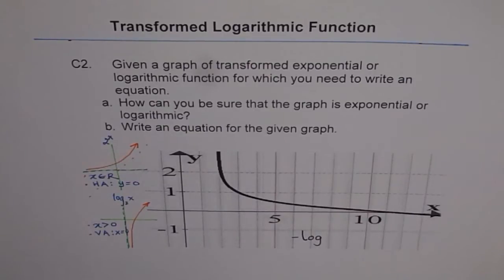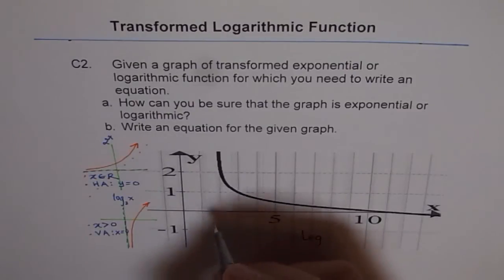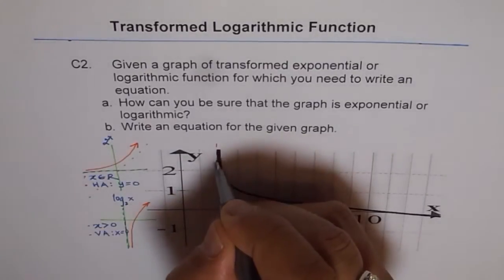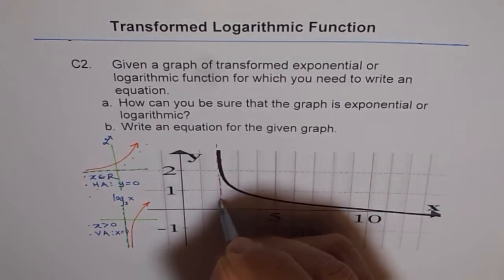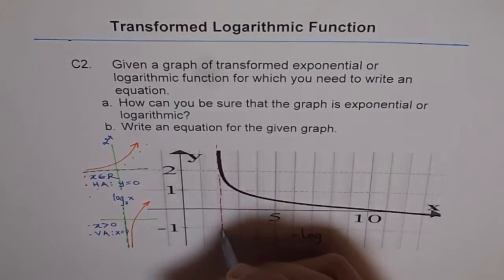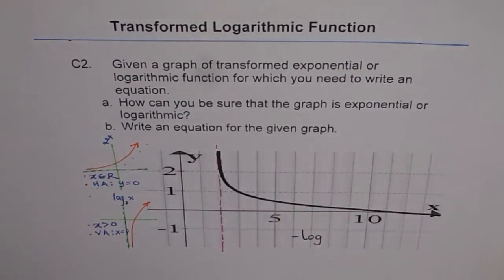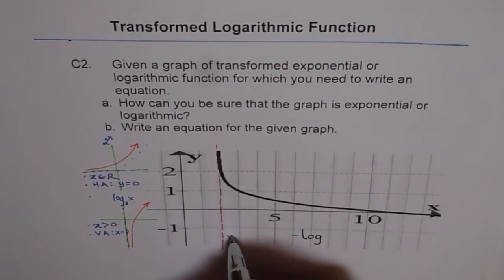And what else do we observe? We observe the critical thing. Where is the vertical asymptote? The vertical asymptote has moved 2 units to the right. It is not here, it is here. So that is my vertical asymptote, and it is at x equals 2.